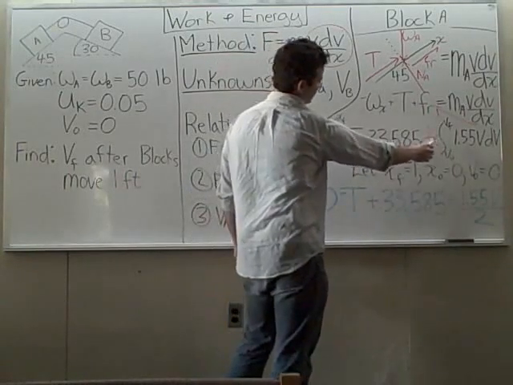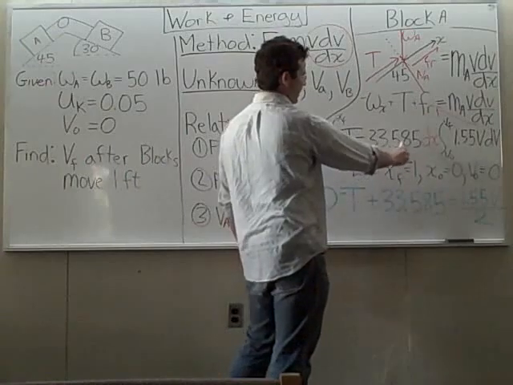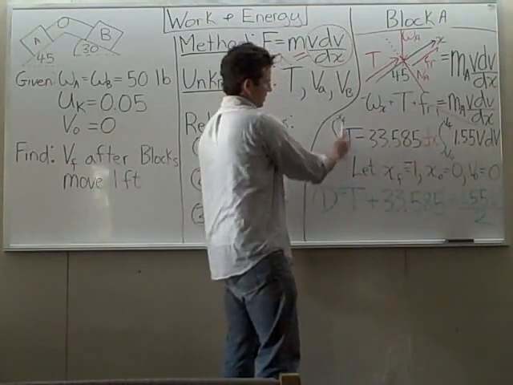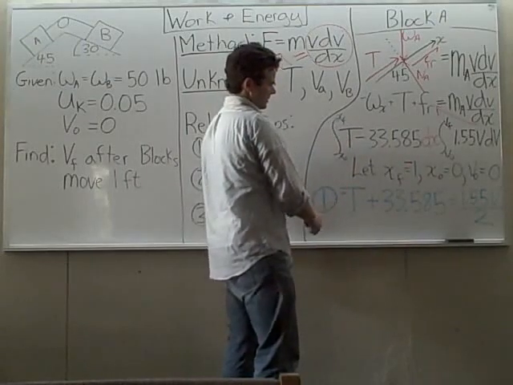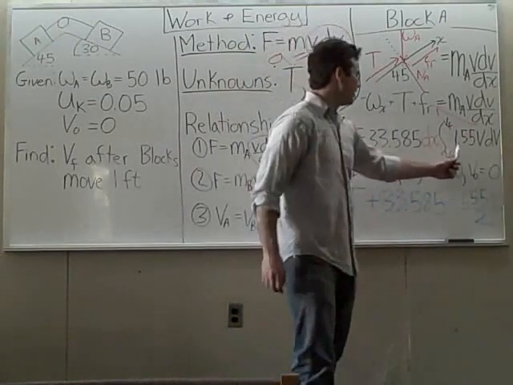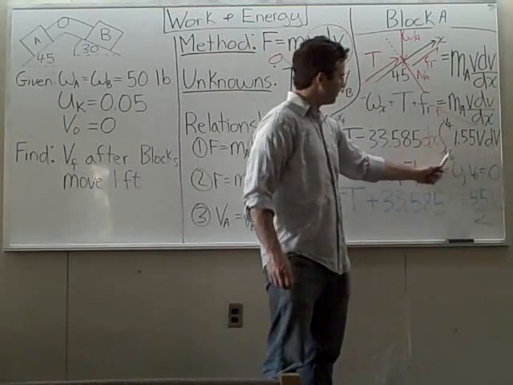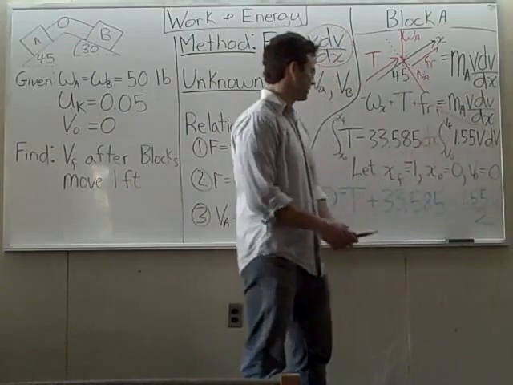You're going to integrate t minus 33.585 from the initial x position to the final x position, and you're going to be integrating 1.55 v times dv from the initial velocity to the final velocity.